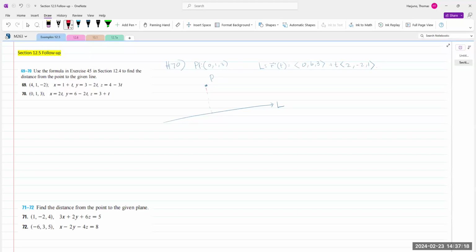Now from this line L here, we see that line L is parallel to vector V, (2, -2, 1), right?